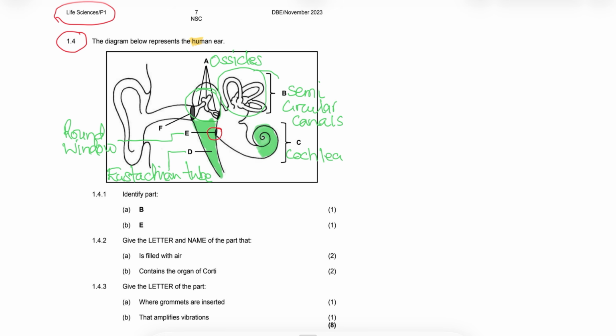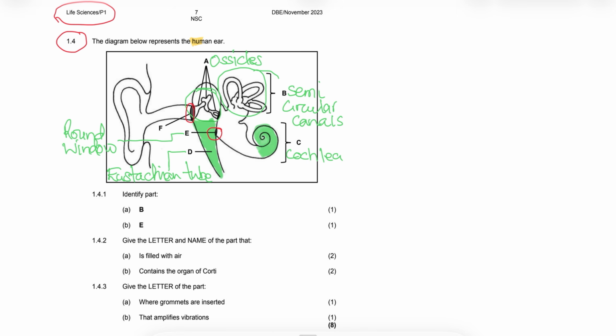So from E, we're going to move on to F. And F, let's use red because it's colored in black. Right? It is this part that is connected to the ossicles there. So this part is called the tympanic membrane. Sometimes it is known as the tympanium or the tympanic membrane or the eardrum.